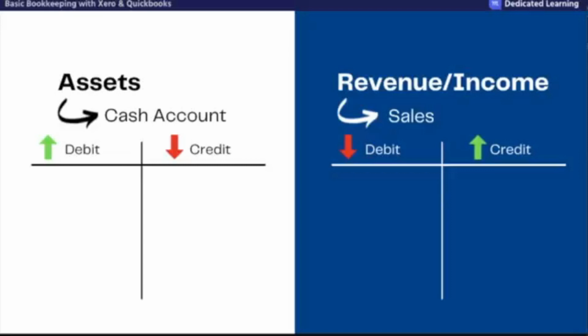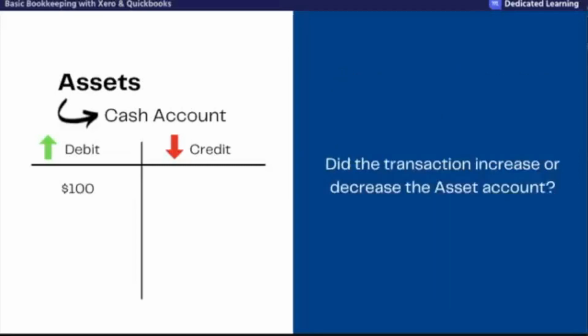Now, under these, you have to mark this transaction as either debit or credit. So, let's go to assets first. The question is, did the transaction increase or decrease the asset account? It increased it, right? We've earned $100.